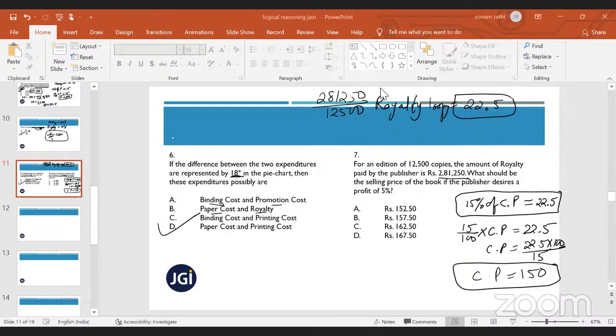Yes, okay. Now, on top of this, we want 5% profit. So I told you how to calculate selling price: selling price is 150 plus 5% of 150.